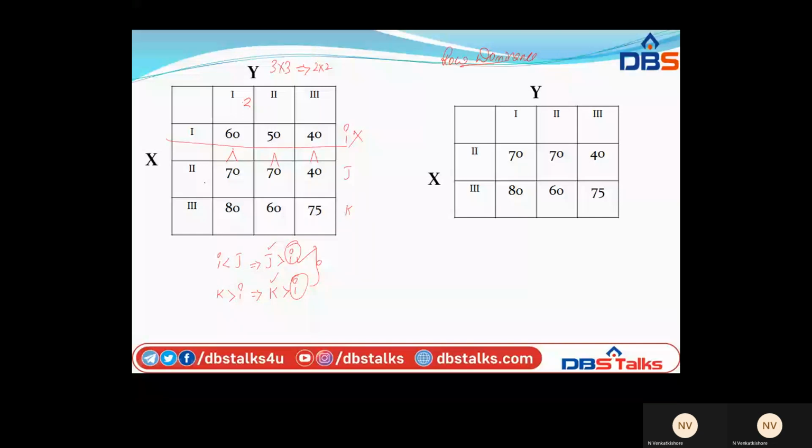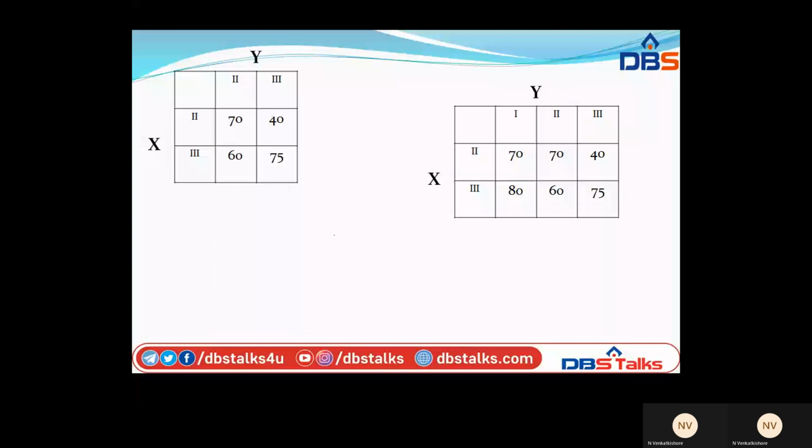Okay, then what we need to do again? Once again we need to go for, after the row dominance, the column dominance. So if you do the column dominance after completing the row dominance, then we need to compare.